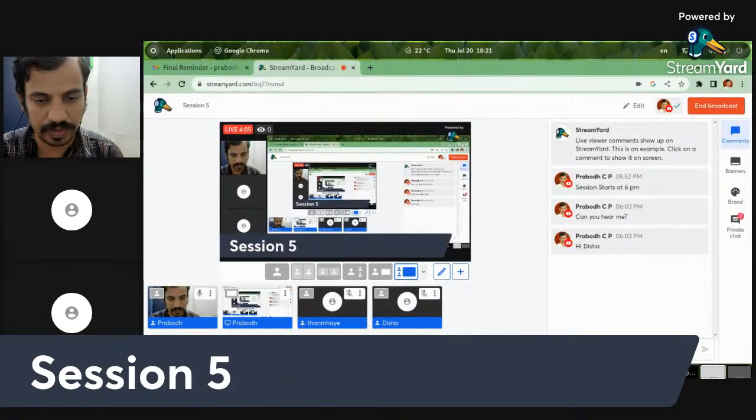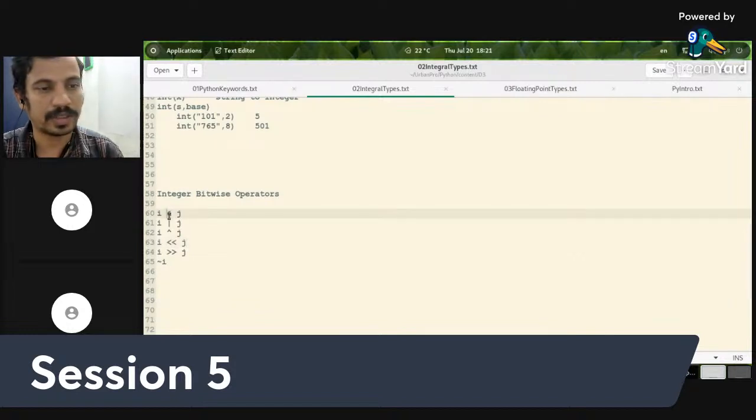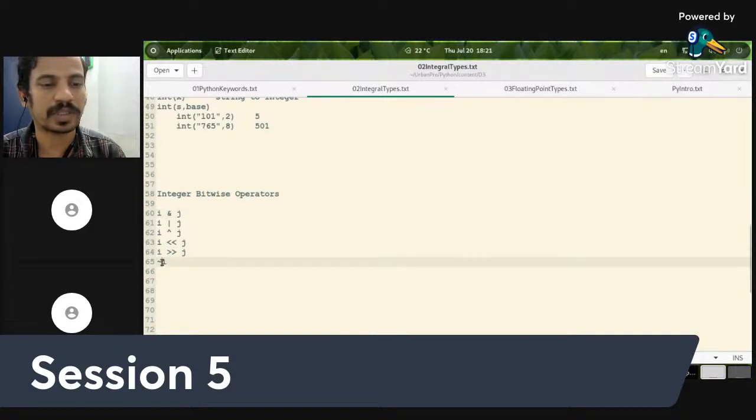As I have shown here, we have several bitwise operators: bitwise AND, bitwise OR, bitwise XOR, left shift, right shift, and the bitwise complement. Let's try to understand what those values are, so that we can understand their operations.